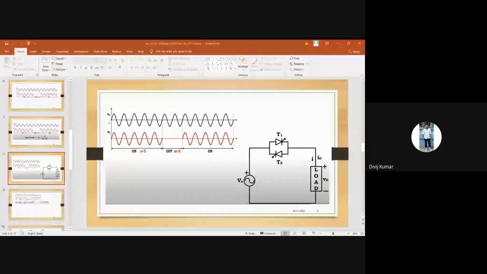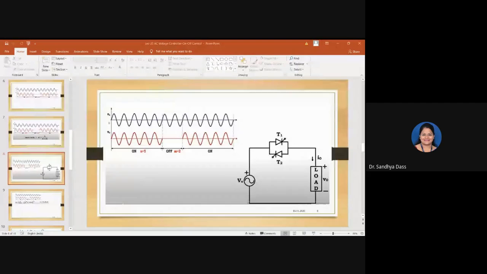Yeah. So in simple words, it's a power circuit which controls the AC power that is fed to the load.